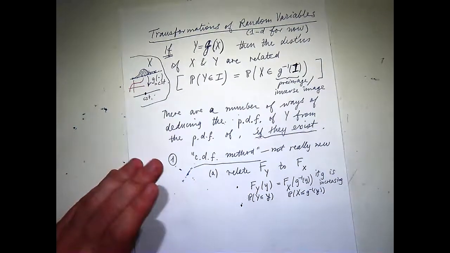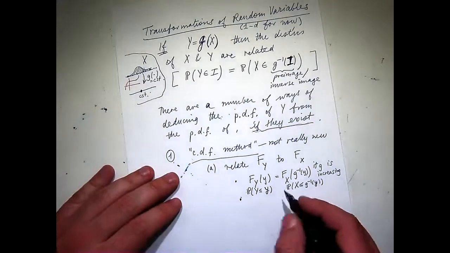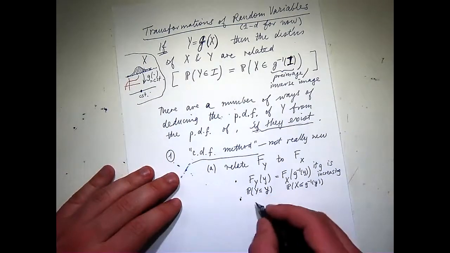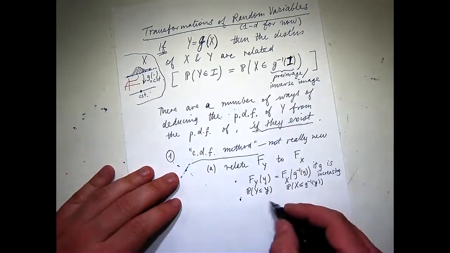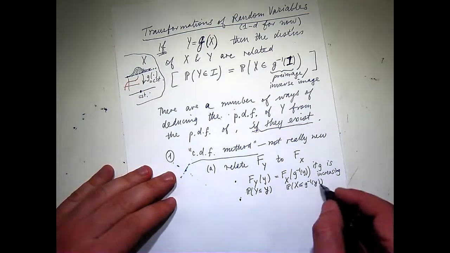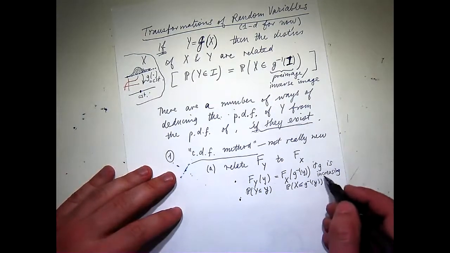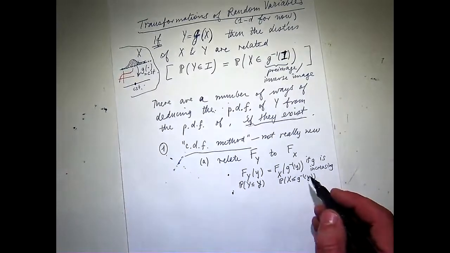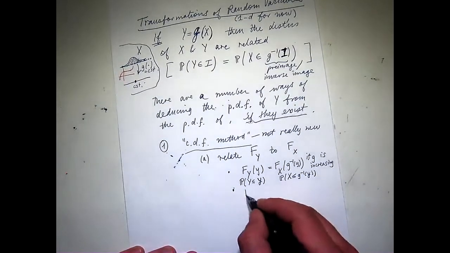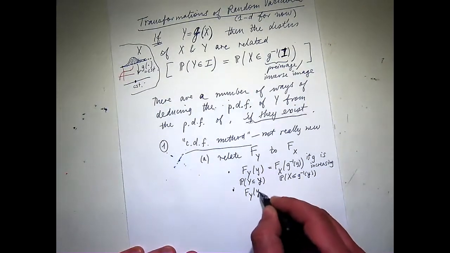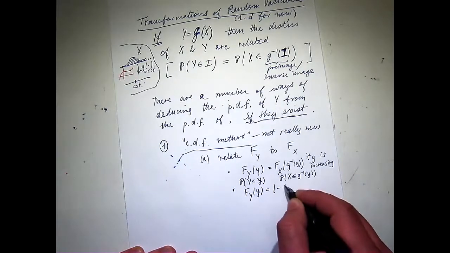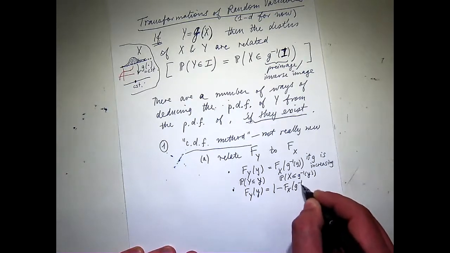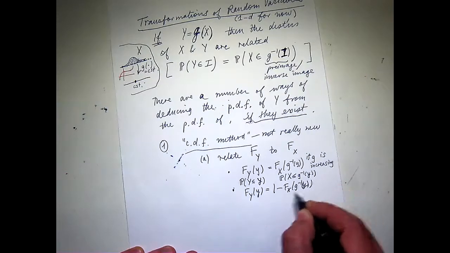So that kind of makes sense. And it's actually going to be the other way around if g is decreasing. You might want to assume g is continuous to not worry about the endpoints here. So F_Y of y is going to be 1 minus F_X of g inverse of y if g is decreasing.